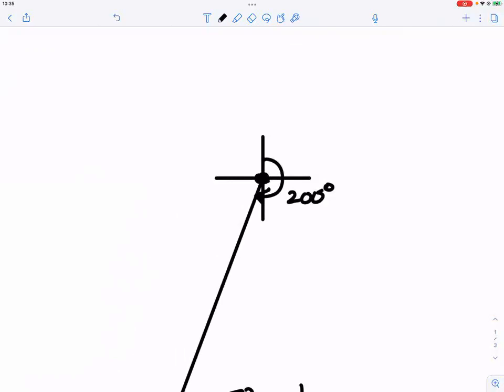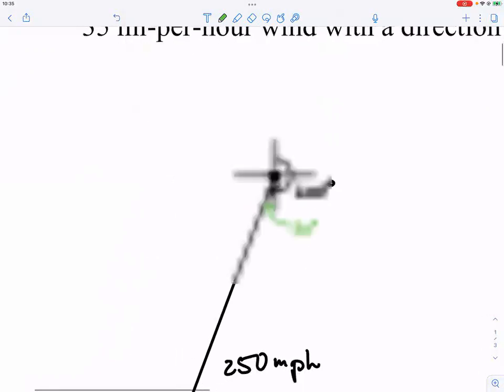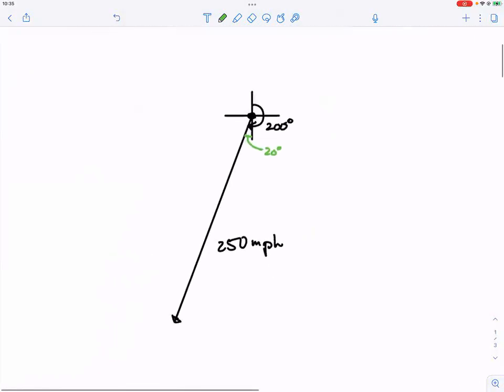The other one is 160, yes. And also, what's this one here? Yeah, this one right here, that is 20 degrees. Okay, so you may want to label this. This is 20 degrees as well. Okay, you can write it down, or just mentally tell yourself that, hey, I know this angle.